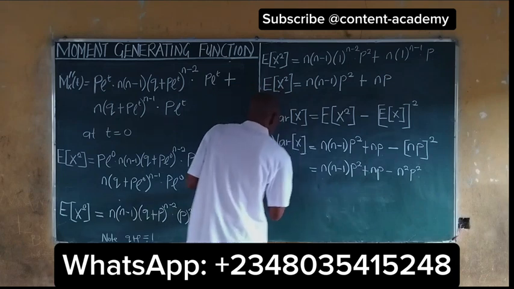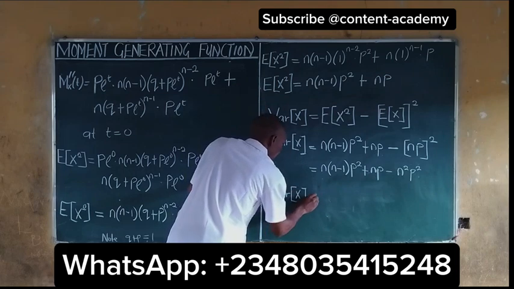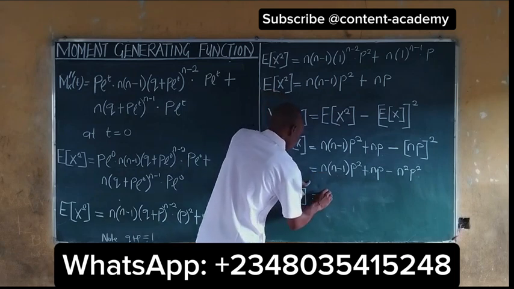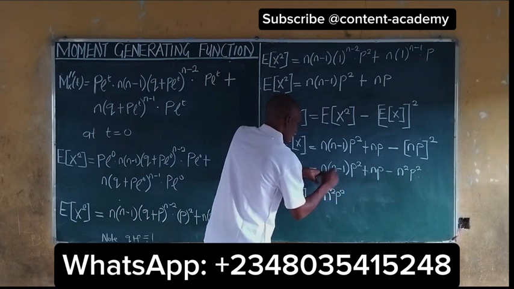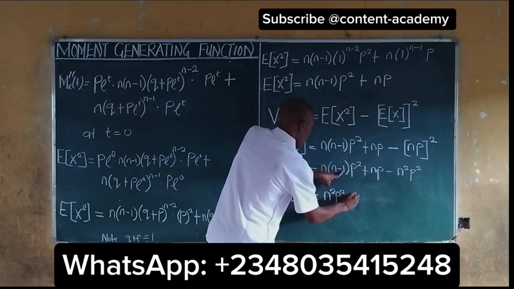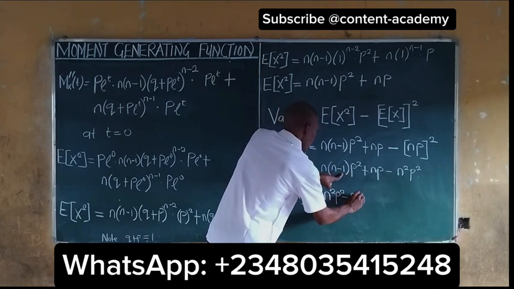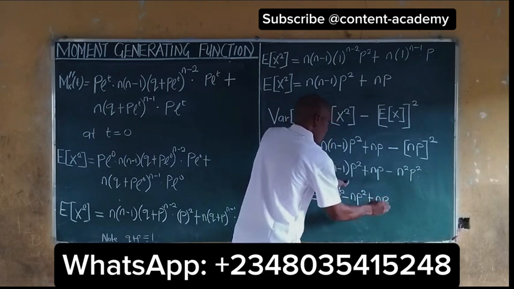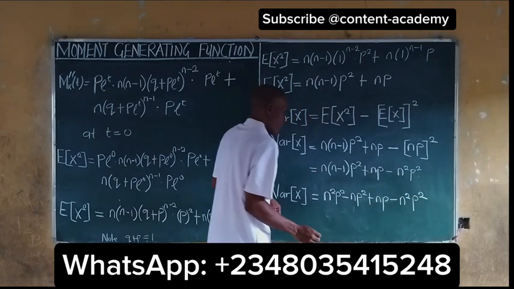Also, it then means that our variance, we can now simplify further. We open this bracket, we have n squared p squared, this multiplied by this, and this will give us minus n p squared plus np minus n squared p squared.